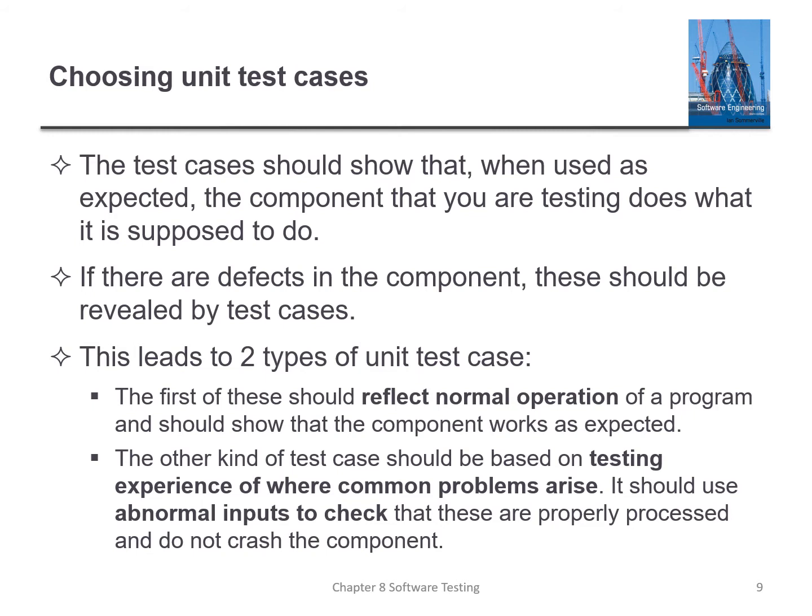In choosing unit test cases, there are two types that you can write. One is to reflect normal operation. You can write test cases to show normal operation, to see whether there is no error when performing normal operation. On top of that, you can also write test cases to break the system.